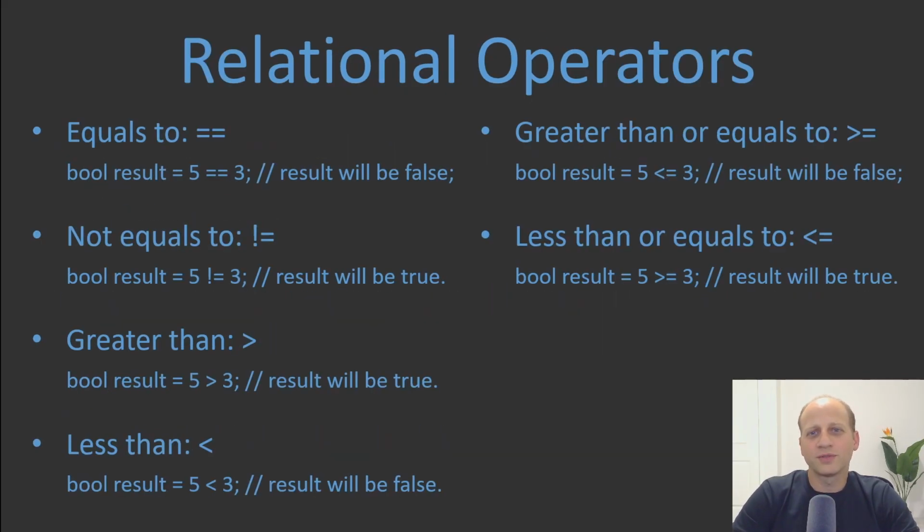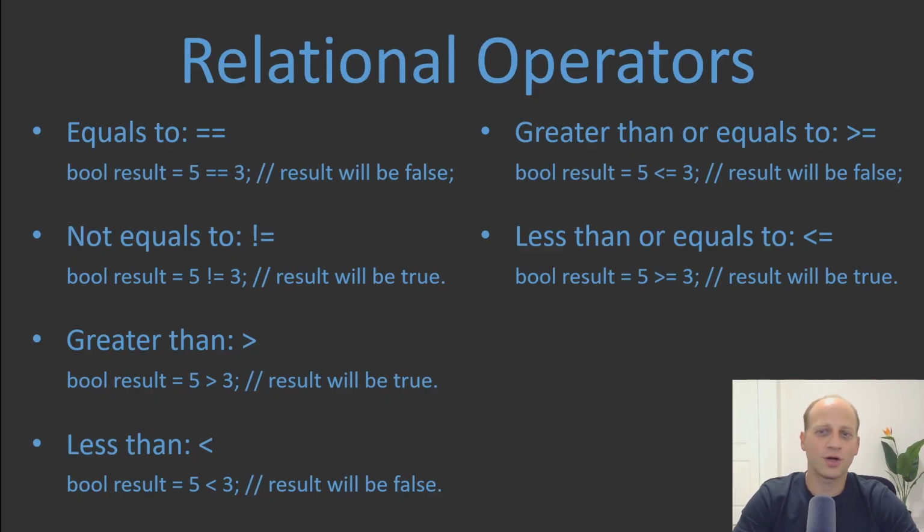Now, there are different relational operators. What's important to understand is that every relational operator returns a Boolean value. This means that no matter what type of comparisons we do, the result of the comparison will be true or false. We have 6 relational operators. The first one checks if a value equals to another value. Pay attention that this doesn't have to be a number.